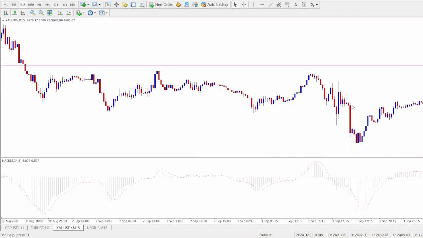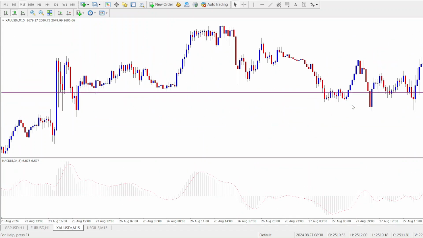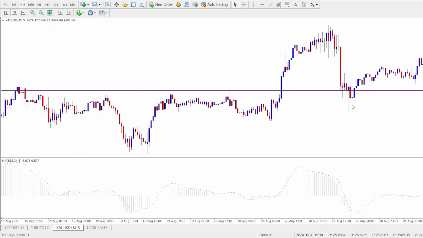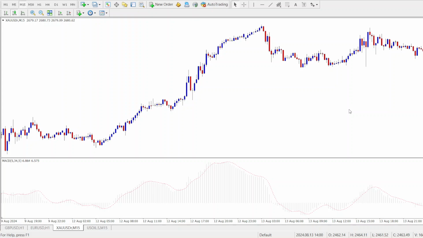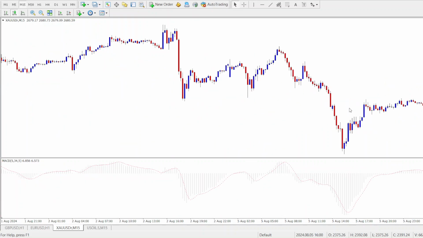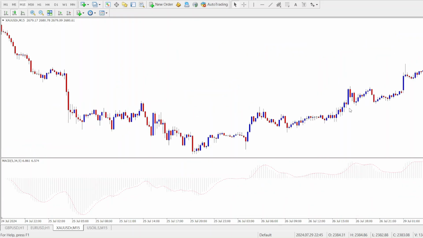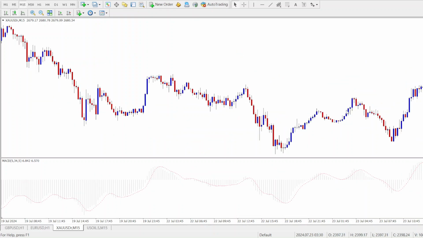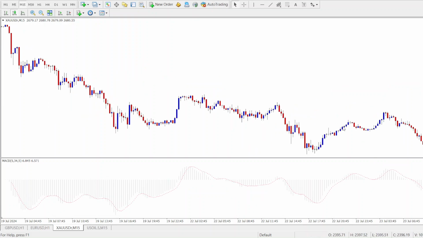Just looking for an example. Okay, this is not exactly an example because it was a higher high we had here.